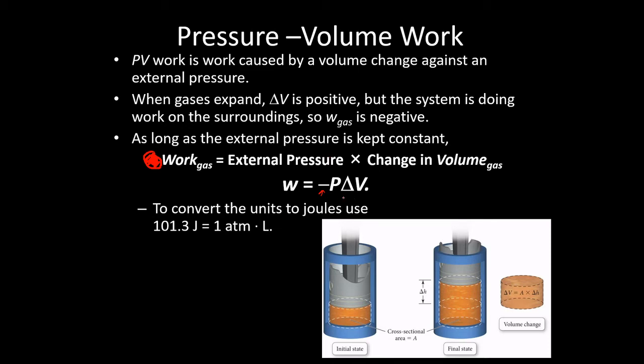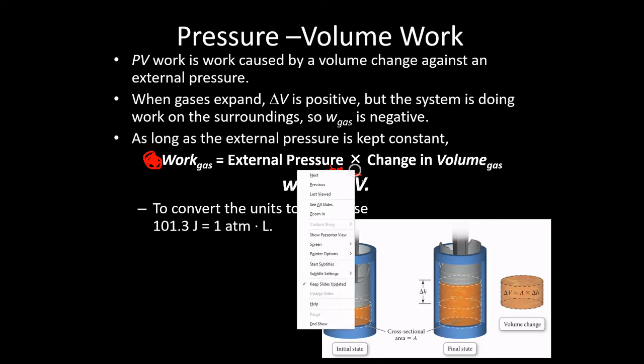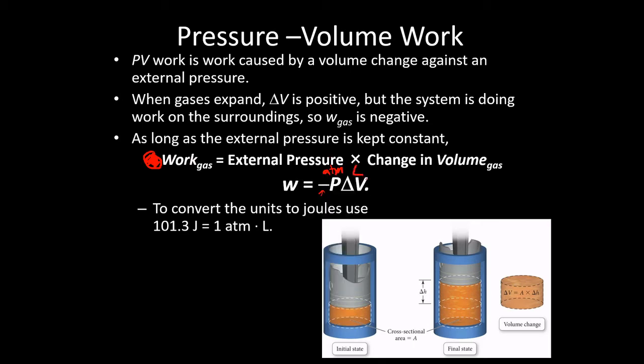Alright, if we're going to take this work value and convert it into a more usable unit, because if you notice here, the unit for pressure, which we haven't gotten to yet, it's in the next chapter actually, is atmospheres, and then the unit for the change in volume would be liters, which gives us units of atmospheres times liters, which is a very strange combination of units, but it is in fact a unit of energy, a liter atmosphere.